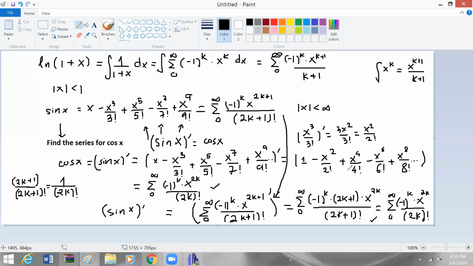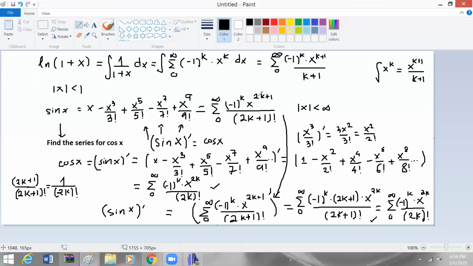So what I did was I used the entire Taylor series expansion for sine of x. I differentiate the entire term. So I bring down 2k plus 1 over 2k plus 1 factorial, and we know this is going to be 2k factorial. Also, for the term where we bring down a power, the power should be lowered by 1.